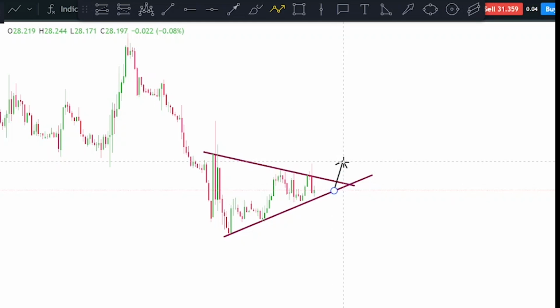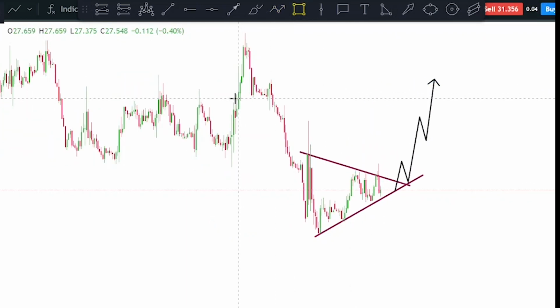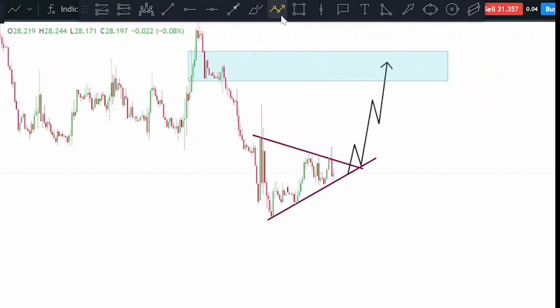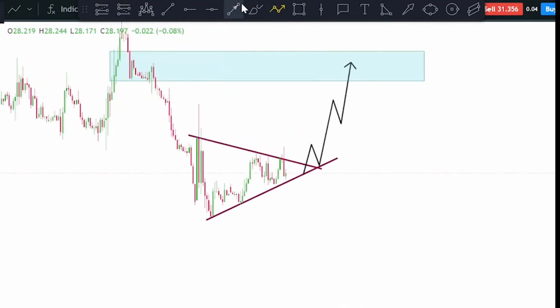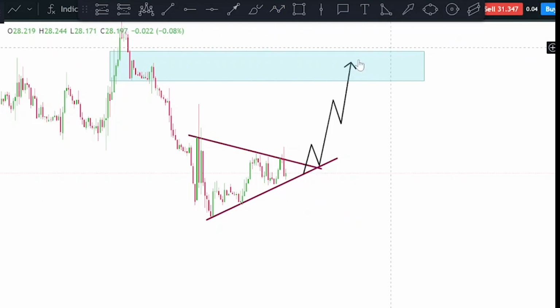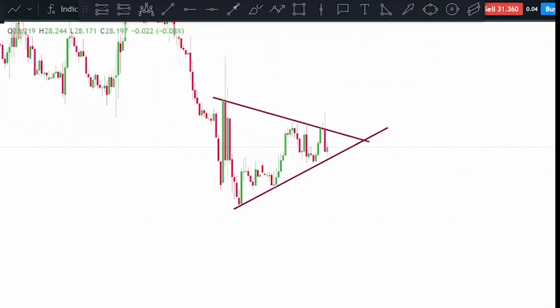Maybe the market is going to break above and continue upside to make retracements from these areas. Or the market is going to continue downside by breaking below the low, then we continue in the downside. So that is what we are going to be focusing on, and see if we can get a confirmation to predict the direction of the market.